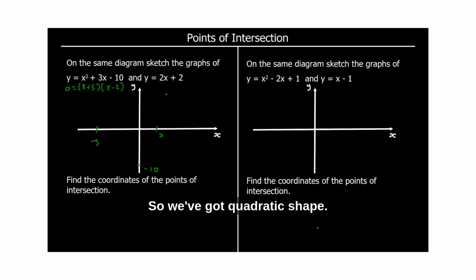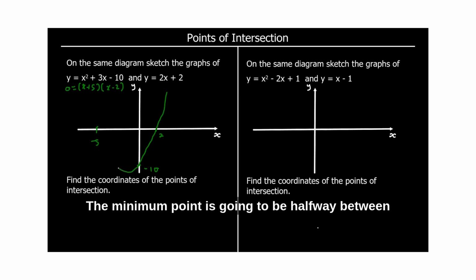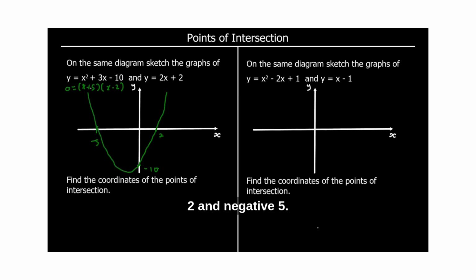So we've got a quadratic shape. So coming down, the minimum point is going to be halfway between 2 and negative 5, so it's further over than the negative 10. And y equals 2x plus 2. It's got a y-intercept of 2 and a gradient of 2.